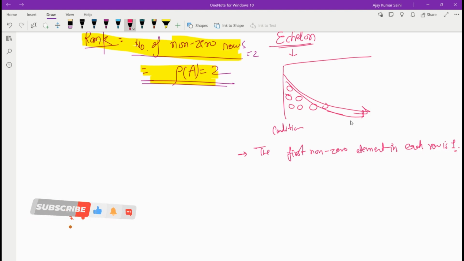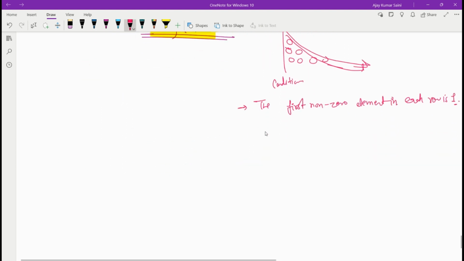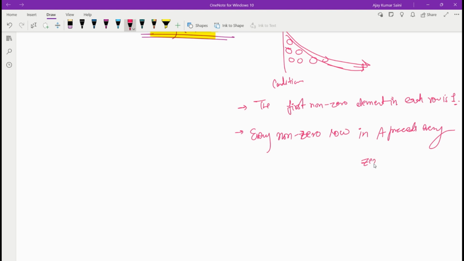So you can see here that it is 1, it is 1. Therefore it is an echelon form. And the second condition is every non-zero row in A precedes every zero row.